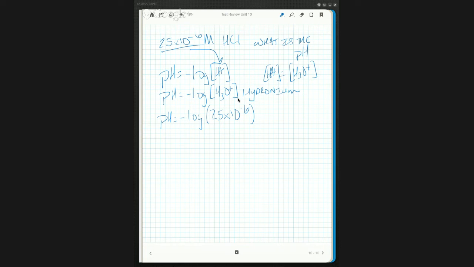And so I do that. Negative log 2.5 exponent negative 6. And my pH ends up being 5.6. Pretty straightforward. That was the pH, and it's unitless, so you don't have to remember to put units on that.